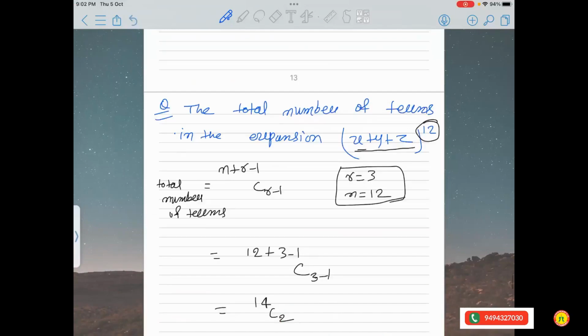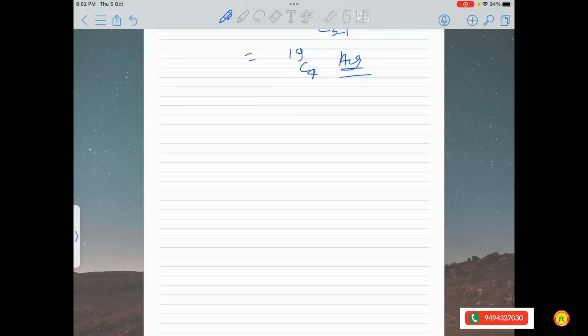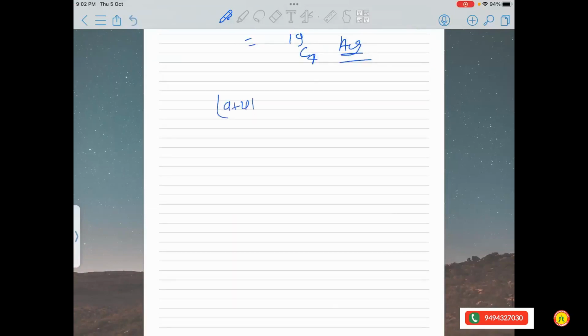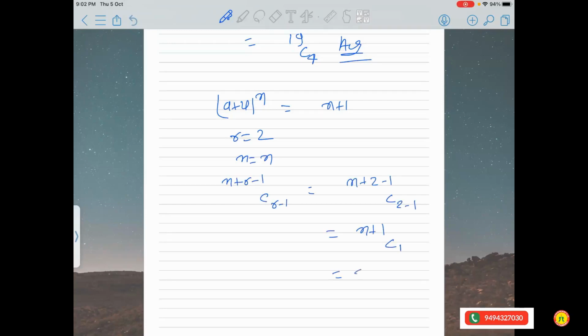Now I have already told you that for a plus x, the whole power n, the total number of terms equals n plus 1. Apply this formula. Here r is equal to 2 and n equal to n. So n plus r minus 1 C r minus 1 gives n plus 2 minus 1 C 2 minus 1, so n plus 1 C 1, which becomes n plus 1.